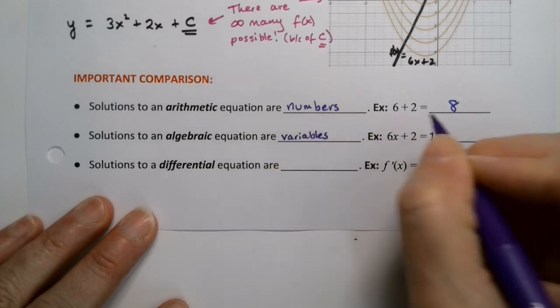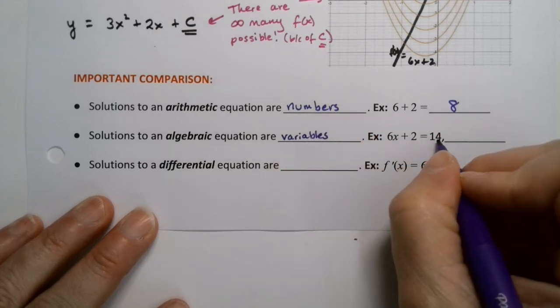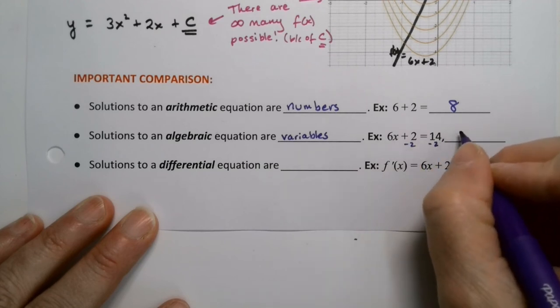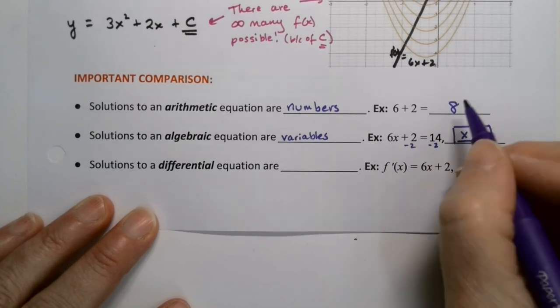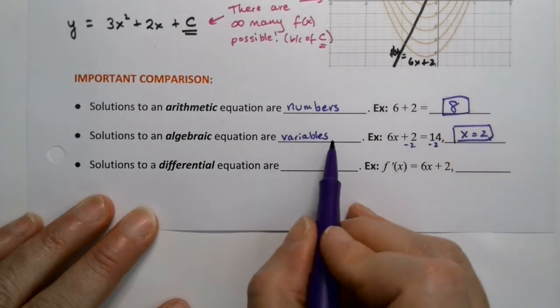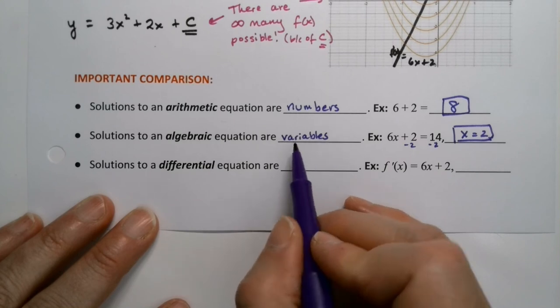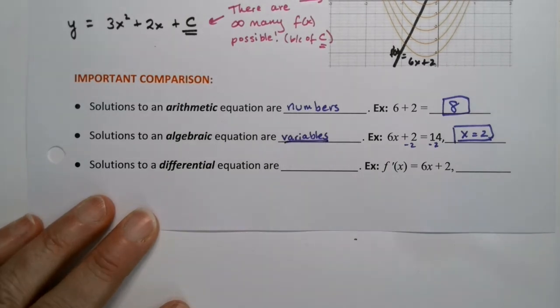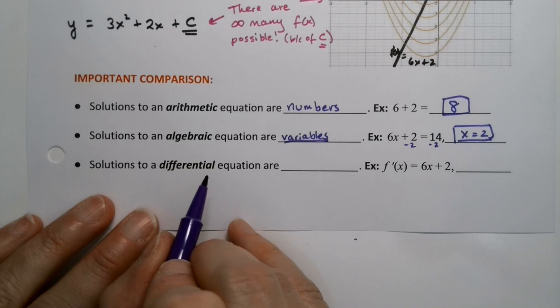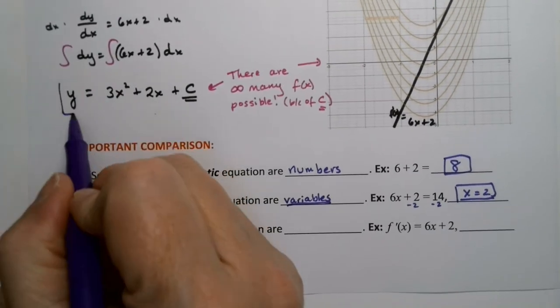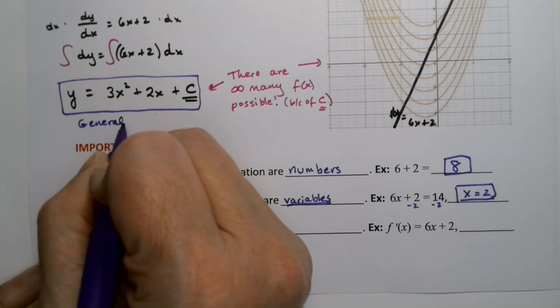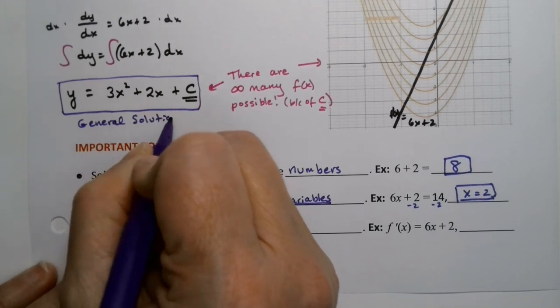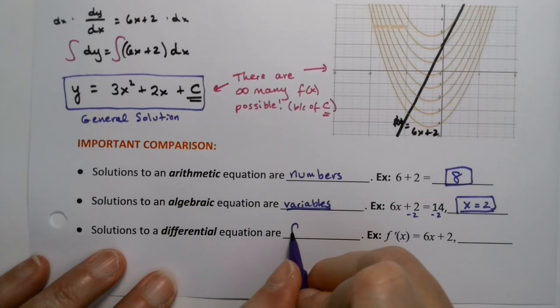You'll find, subtract 2, that's 12. 6 divides into 12, so you'll get x equals 2. But it's important to note the x equals. You'll get variables equal to a particular value, right? But it involves the variable x. When you find the solutions to a differential equation, that's right here. That's the solution. It's the general solution. And so you're not coming up with a number or a variable, you're coming up with a function.